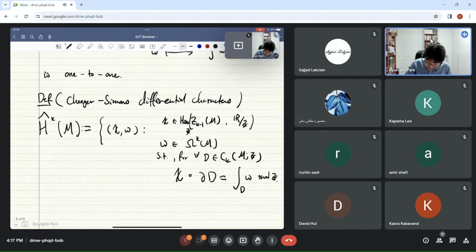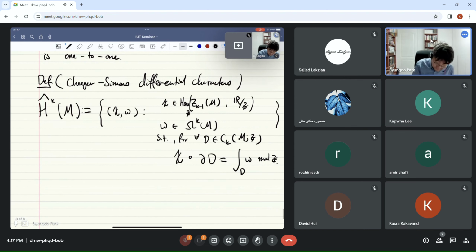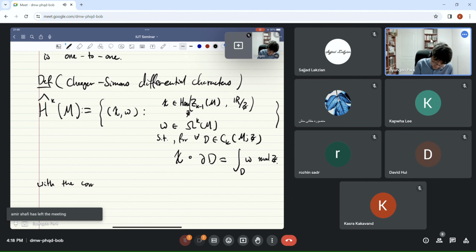The collection of all these pairs is the differential characters, and the group structure is simply addition on this element and addition on this element, component-wise addition.